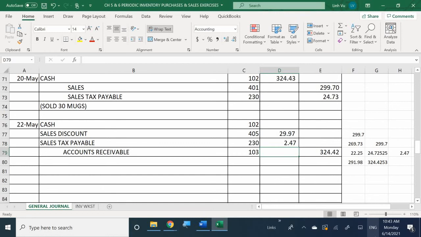In this case, if I'm discounting this amount, that means I can also calculate the tax off of the discounted amount to give me the $2.47 difference. And that's the same thing here. If I calculated the difference between my discounted amount and my original price amount, my difference is still $2.47. Okay, so Inga, you are thinking the right way. That's completely correct. You are taxing at the discounted amount.